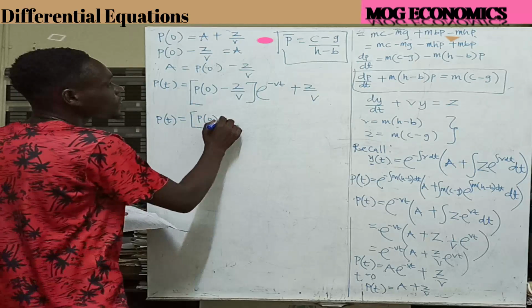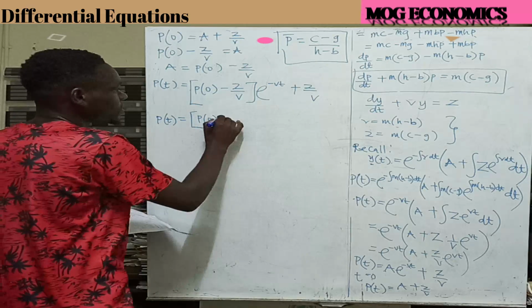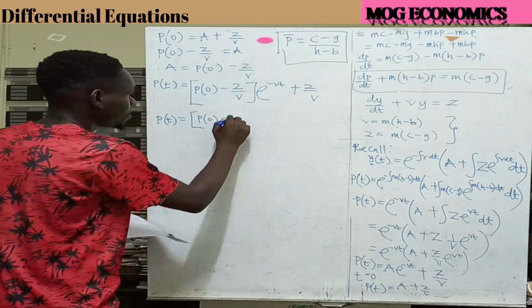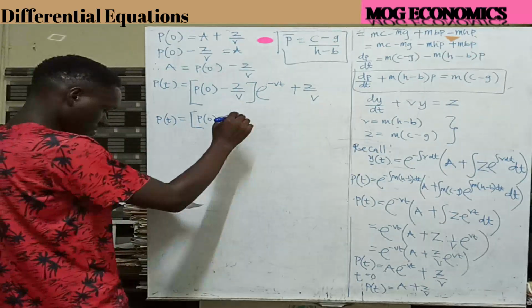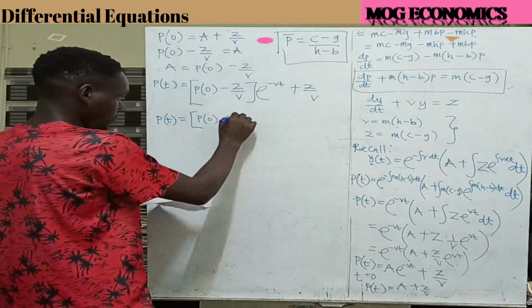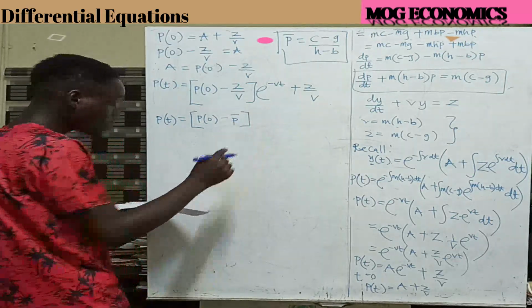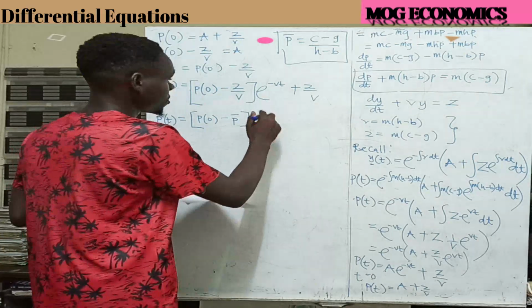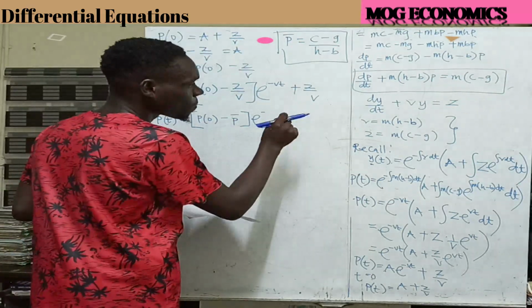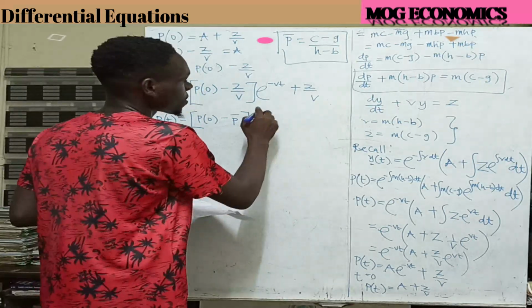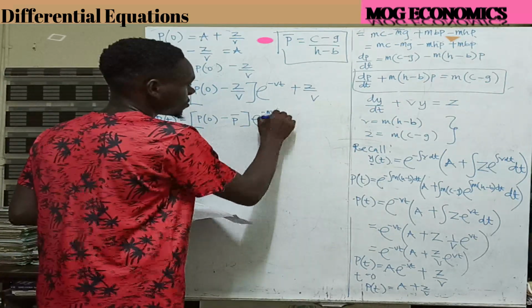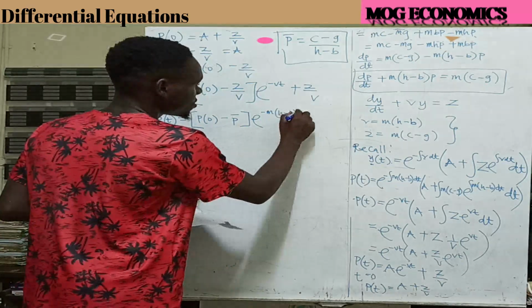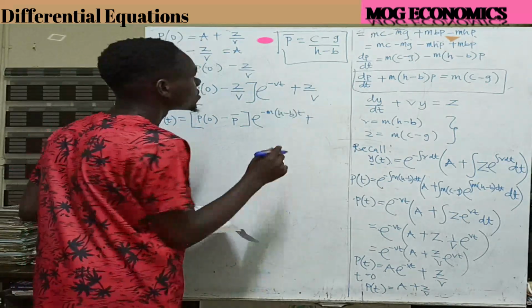Then here we have v, to show this, vt plus.